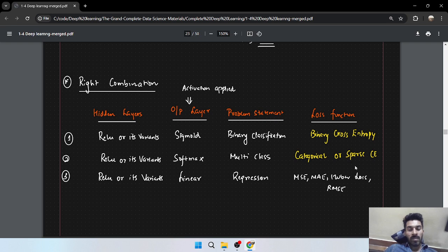Now the question comes to mind: what is the difference between categorical and sparse categorical cross entropy? I don't have internet now, otherwise I would show you.